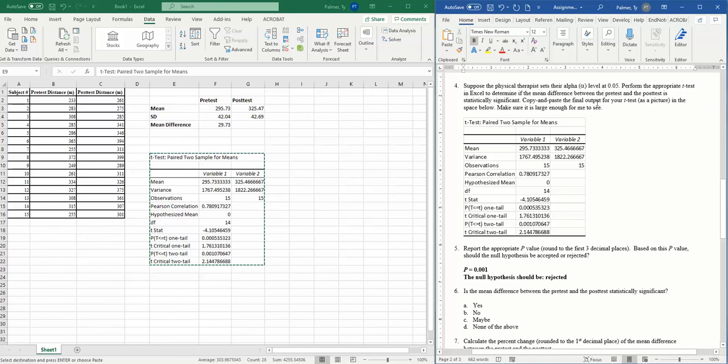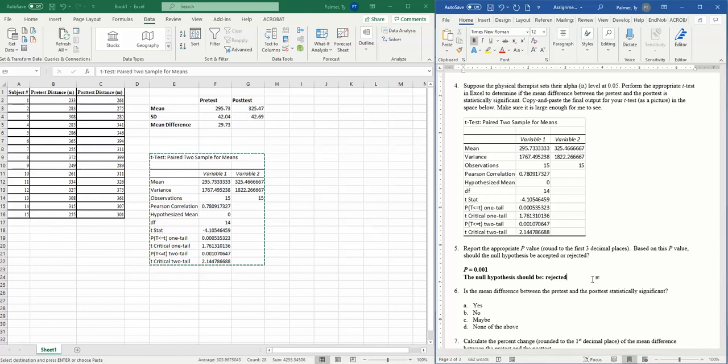Anytime you have a p-value that's less than your alpha level, and in this case our alpha level was set at 0.05, the null hypothesis should be rejected. Now, if the p-value is greater than the alpha level, then the null hypothesis should be accepted. Remember, your data is different than mine, so you may have different answers than me.